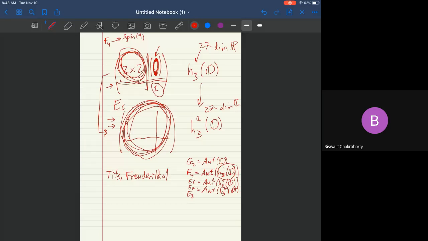Down here, the analogous subgroup that preserves the splitting is Spin(10), which sounds nicely familiar from grand unification. And then the subgroup up here that preserved the splitting, I'm making a mess here. Let me make myself a little bit more room.